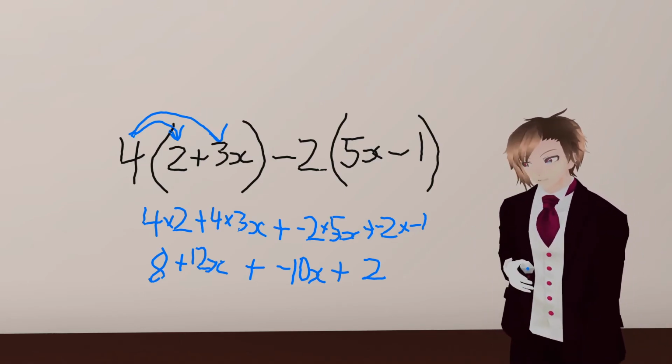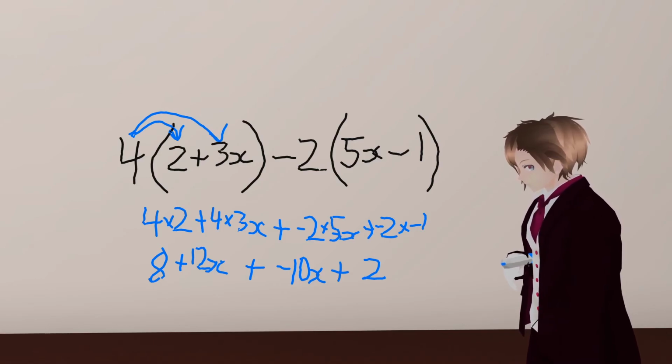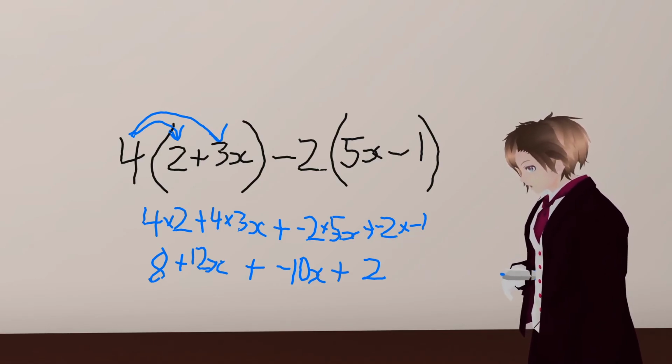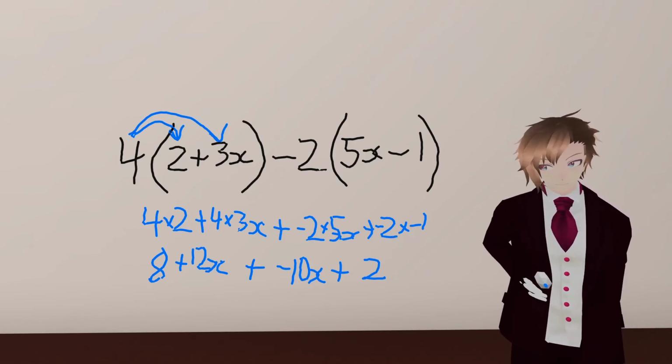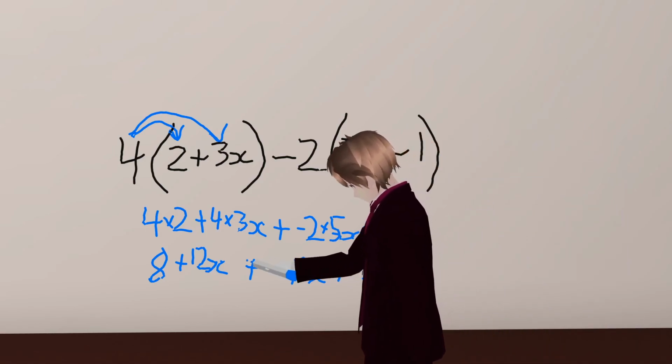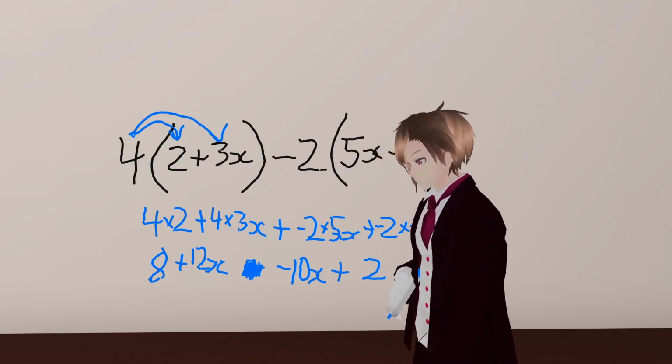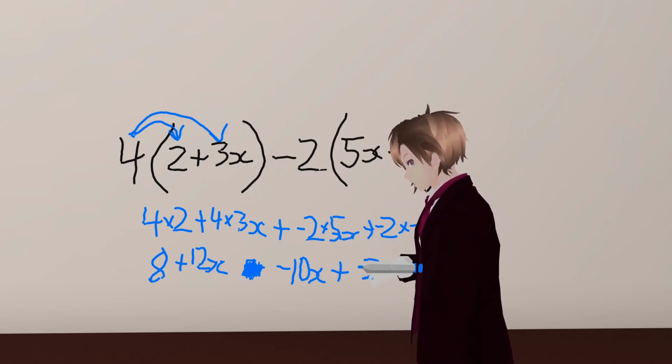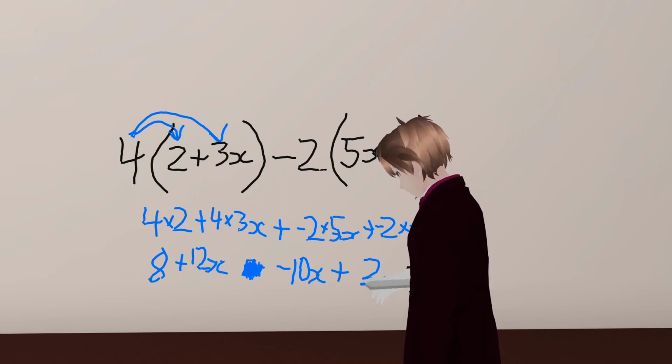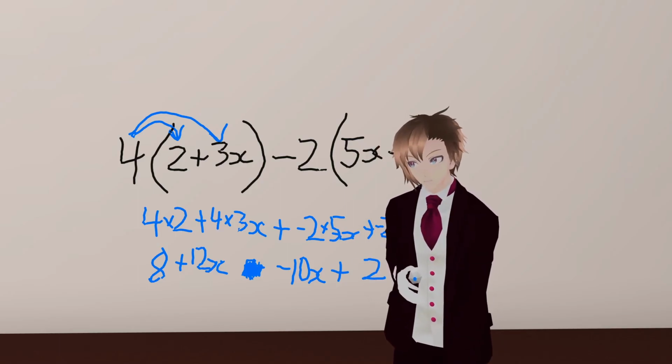Now, can we get rid of any of our placeholder pluses? Well, we have a plus and a minus in the middle, so let's get rid of that plus. We're left with 8 plus 12x minus 10x plus 2.